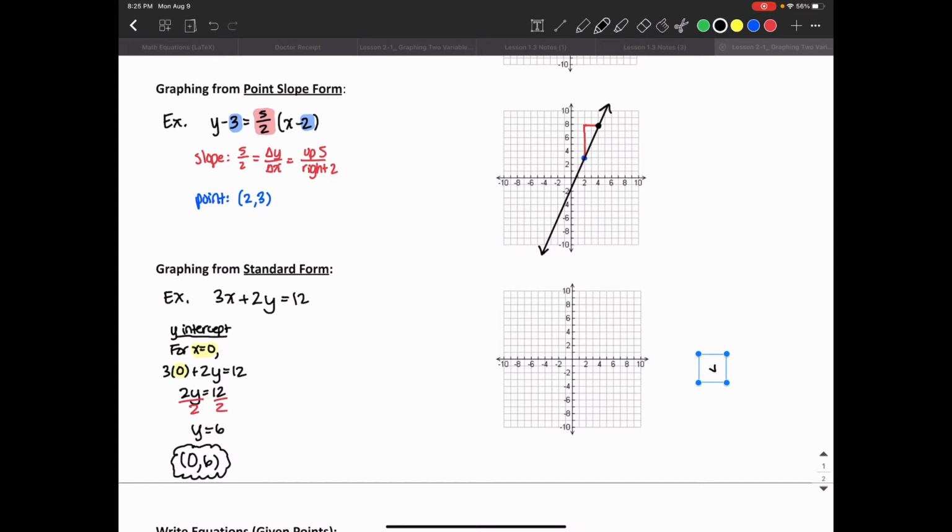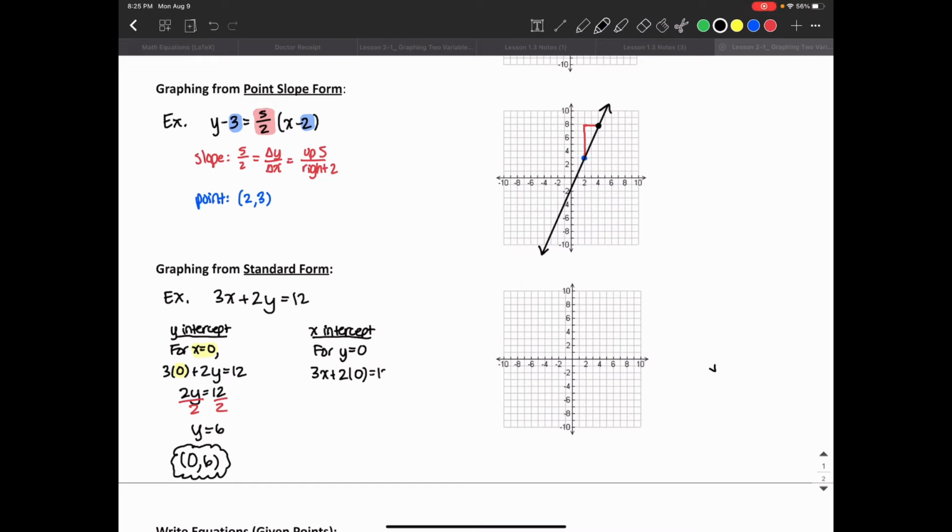Okay, whatever. And then the other point that I want to find is my x-intercept. So for my x-intercept, that means that y is equal to 0, when I'm intersecting with the x-axis. And I'm just going to plug in y is 0. So I have 3x + 2 times 0 = 12.